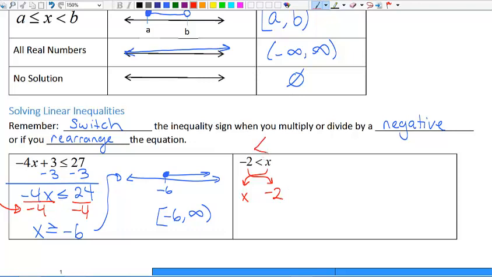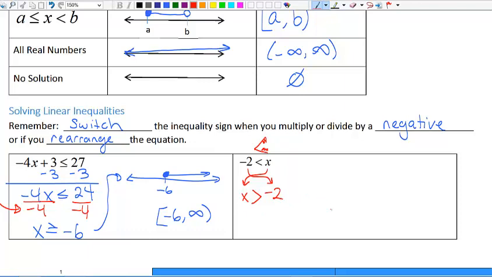I'm not sure if you guys remember this. Remember the alligator? The original problem said -2 is less than x, which means the alligator is eating the x. There's my little teeth. So if I switch it around, my alligator still needs to eat the x. So this is one case where you could switch your inequality. The only other case is if you multiply or divide by a negative.